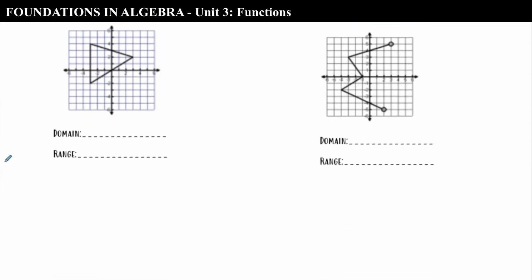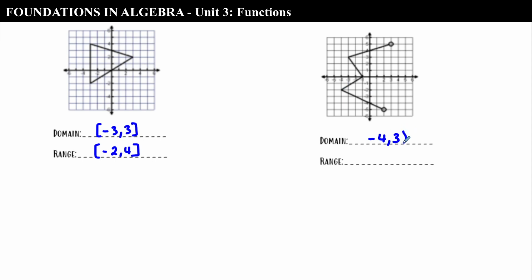All right, the domain for this one, we're going from negative 3 to positive 3. And we do include our ends. We go from negative 2 to 4 in the y. And again, we include our ends. And then finally, for this one, we go from negative 4 to 3 in our x.